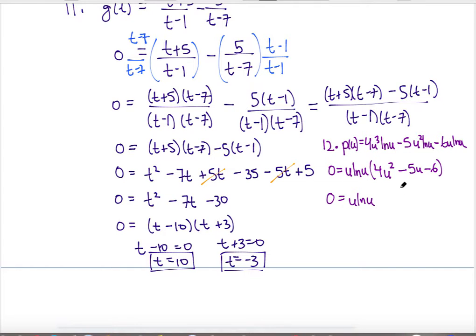If I guess and check for this quadratic, I will find that my first term should be 4u, my second will be a u, and I should end up with the binomials 4u plus 3 and u minus 2. And now I just set each of these equal to 0 in order to find all of the zeros.